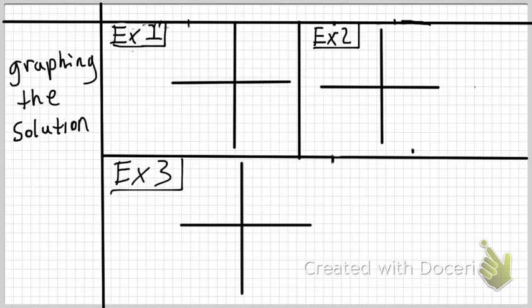So in example 1, let's make a quick little parabola. Remember, a parabola is the representation of our quadratic expression. So we've got our 3 points here, and we'll just connect them in this nice U shape. That's a parabola. And a parabola represents a quadratic expression.